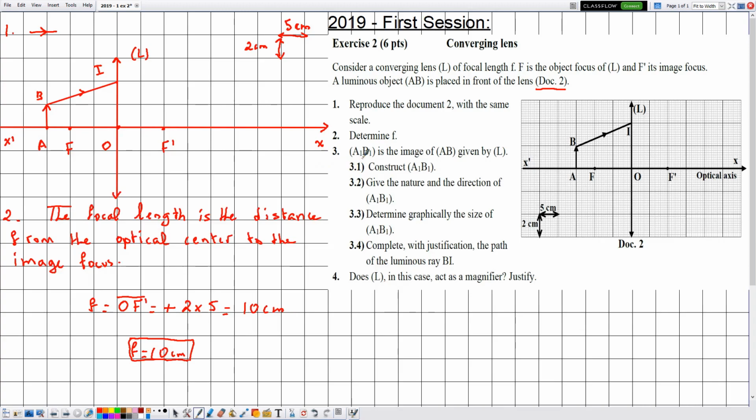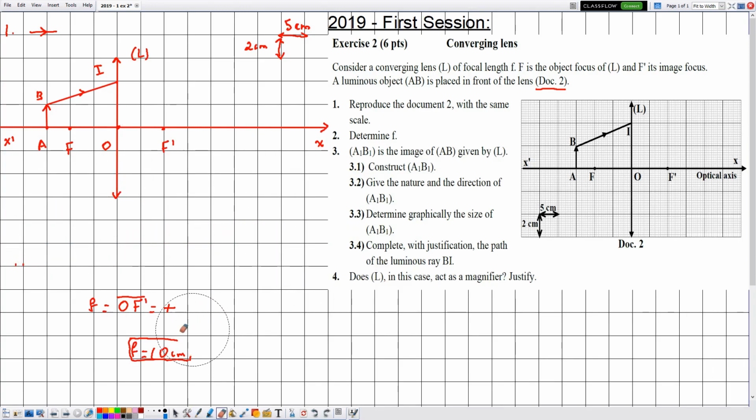Now in number 3, they are telling me A1B1 is the image of AB given by L. Let me make some space. Okay, 3.1, construct A1B1.